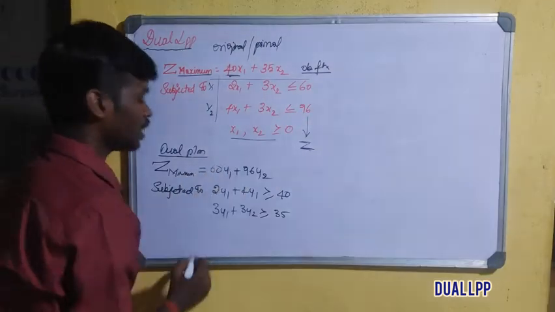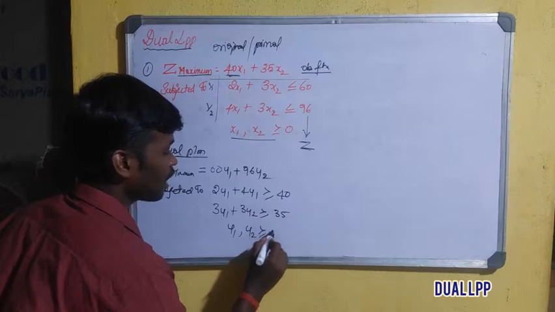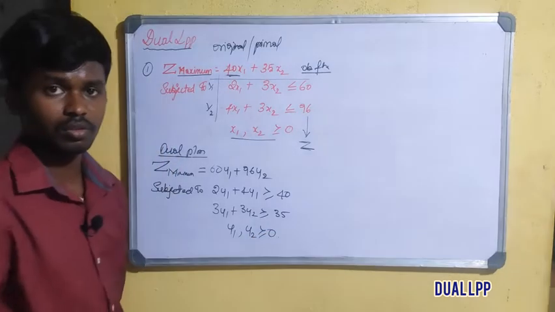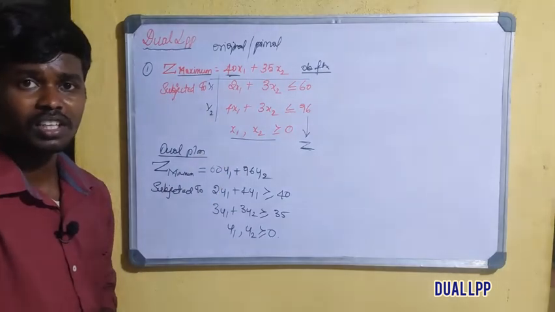Now the non-negative condition: y1, y2 greater than or equal to 0. So this is the dual for this primal problem.